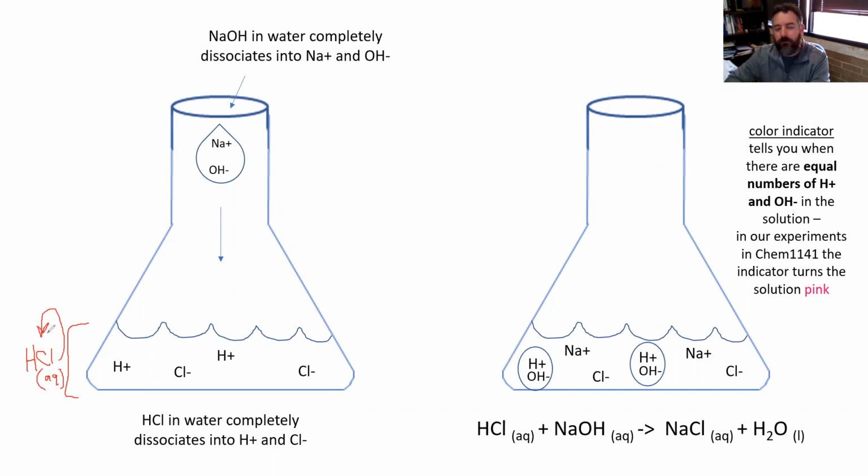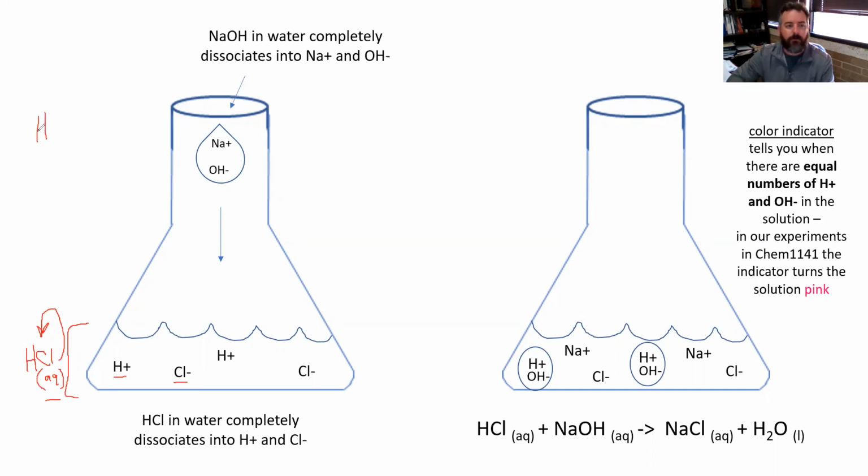So aqueous tells you something about that molecule in front of it. What that means is we put it in water and it comes apart. And how does an acid come apart? Well, it's going to release its hydrogen, and the remaining part of the molecule will exist as an anion, and these are going to be separate, floating around away from each other.